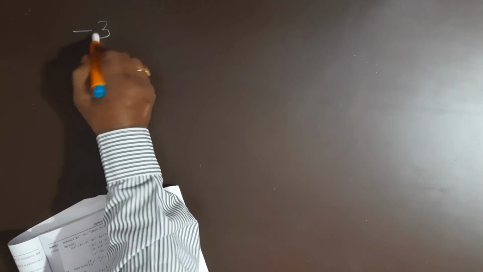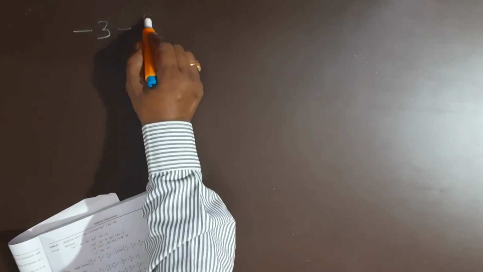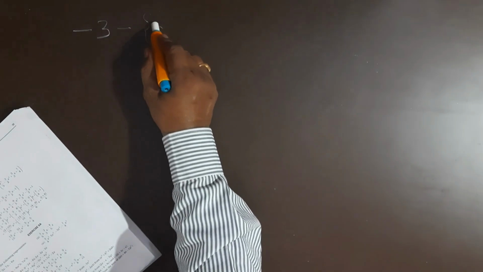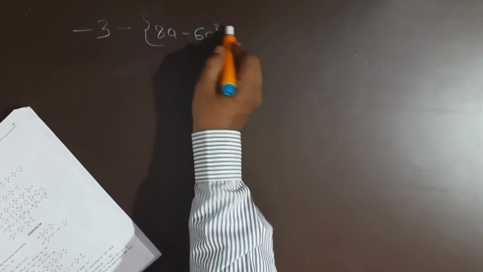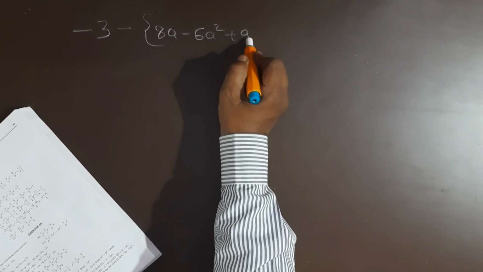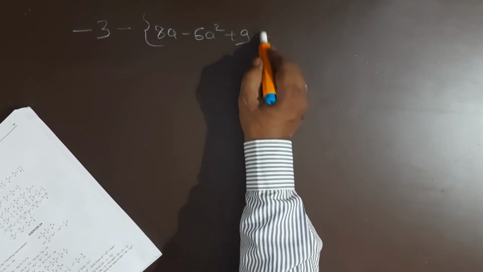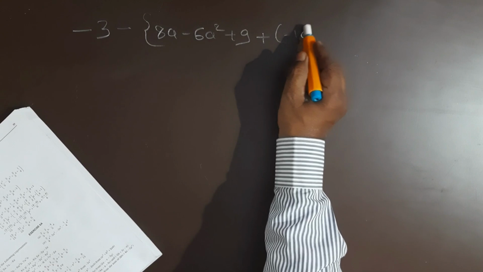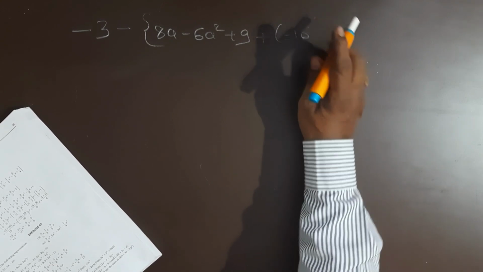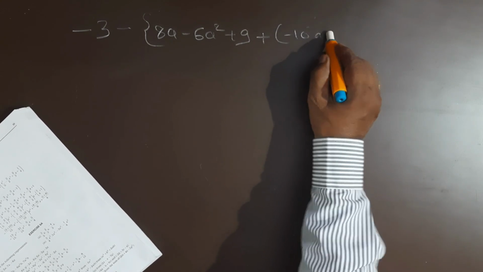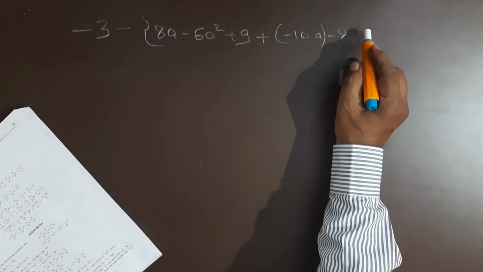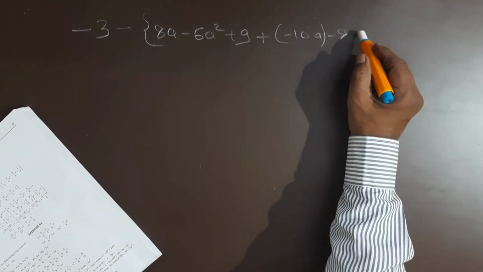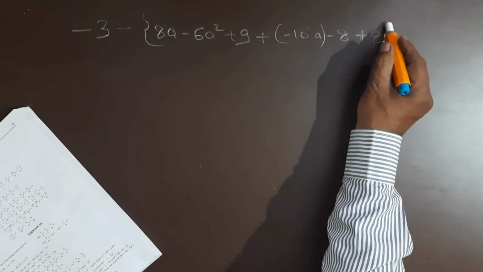Minus 3 minus. We will give bracket, and whatever is written we will write everything: 8a minus 6a square plus 9 plus minus 10a minus 8 plus 8a square.